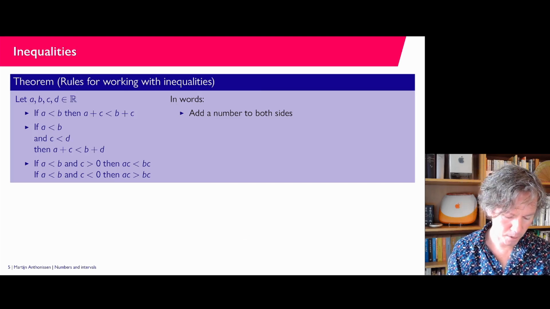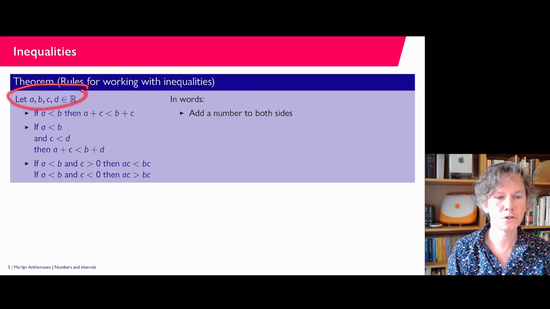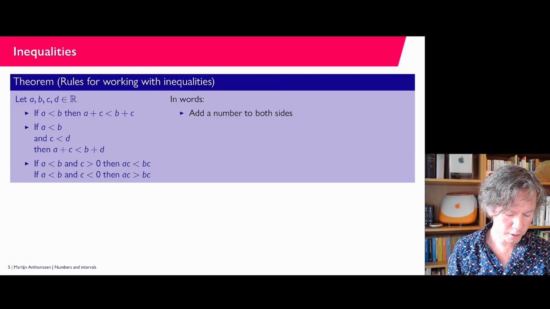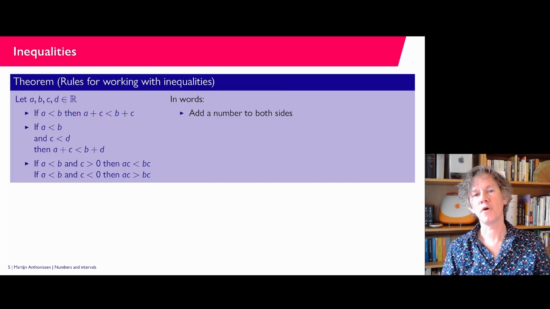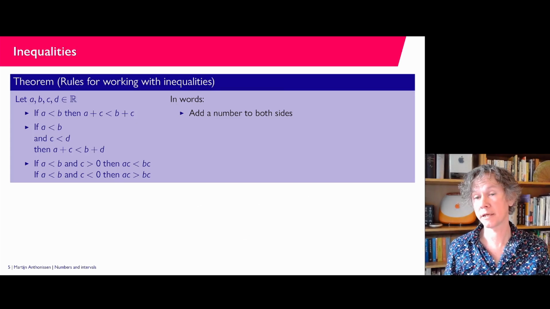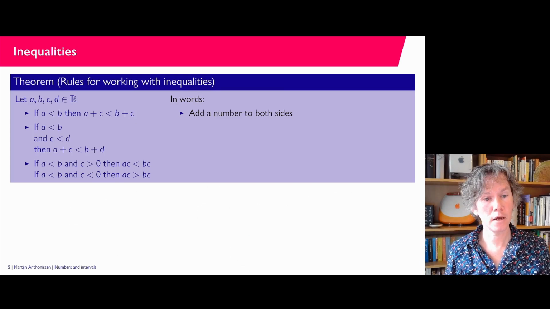So let's see. We pick 4 numbers, A, B, C, D. And here it says if A is less than B, then also A plus C is less than B plus C. So if you have an inequality, on both sides of the inequality, you can add a number or subtract a number, right? I mean, if C is a negative number, you're subtracting a number here.